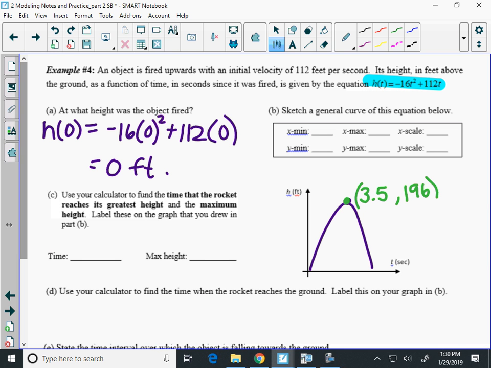So which one of those is the time that the rocket gets to the highest point? 3.5, and we're measuring it in seconds this time. So time is 3.5 seconds to get to the max, and the highest height is 196 feet.